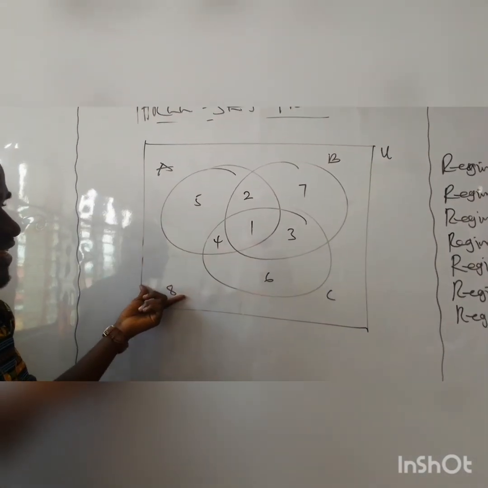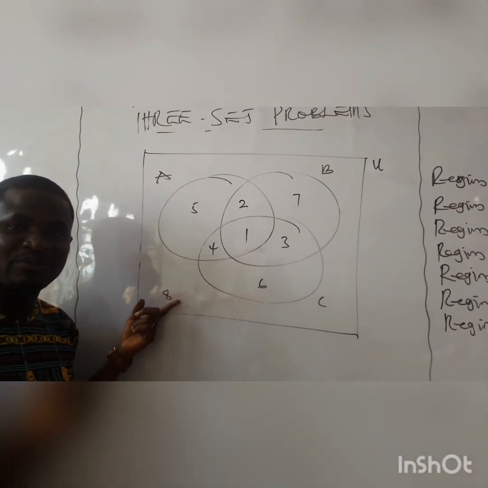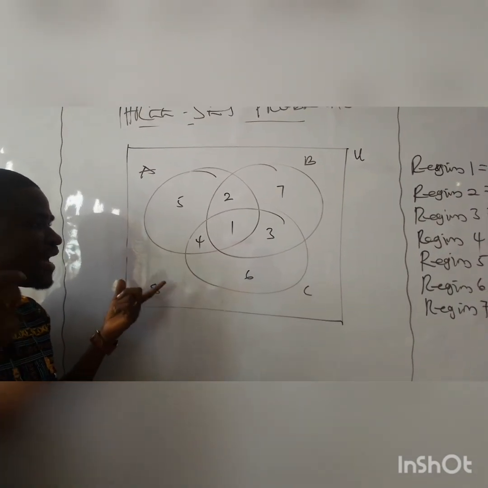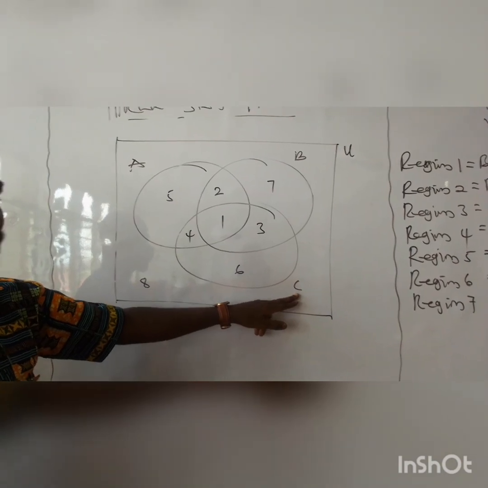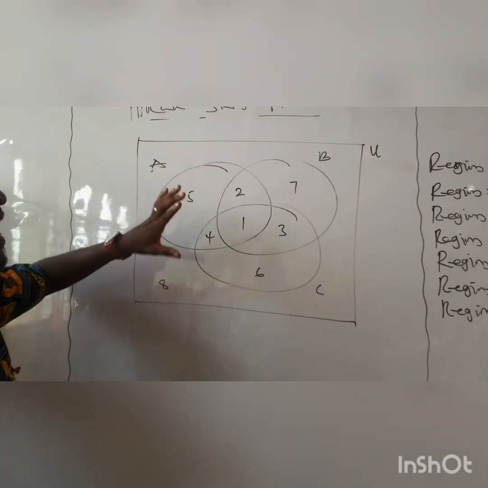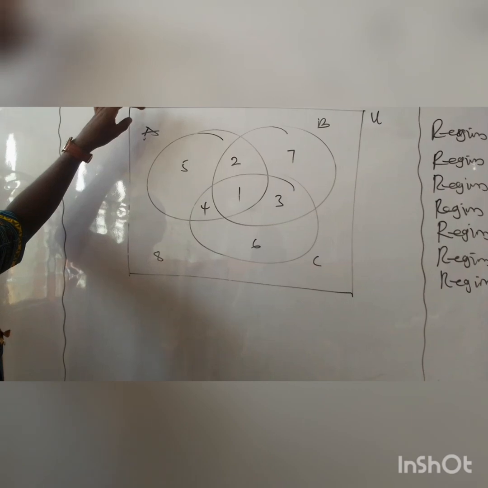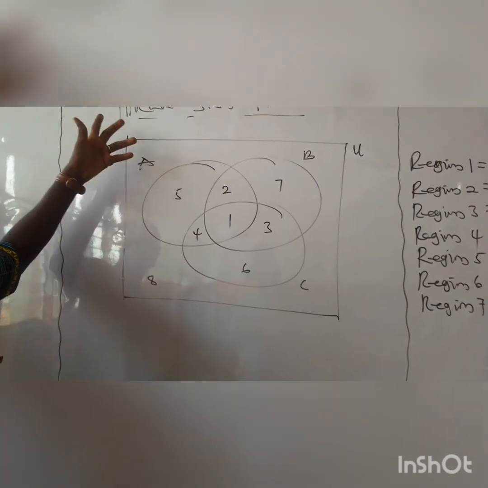Now, region 8, as we did in the 2 set problems, they belong to neither A nor B nor C. So, they did not take part in any of the games or the studies.